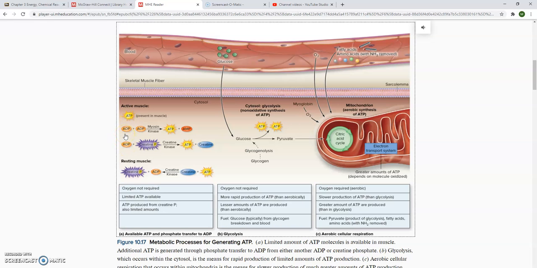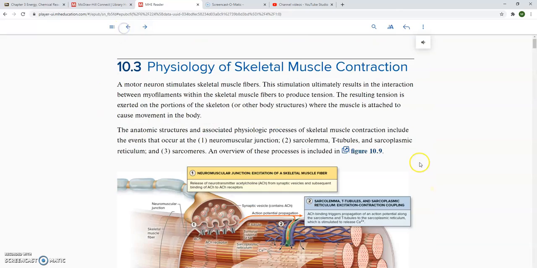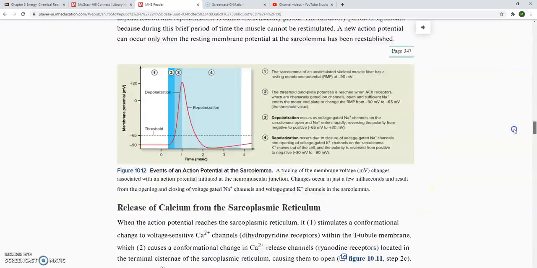The second source that we'll talk about is this source, where if we have some ADP molecules, which we will. So if you guys remember when we were talking about the cross-bridge cycle, let me go back to that picture real quick to remind you.